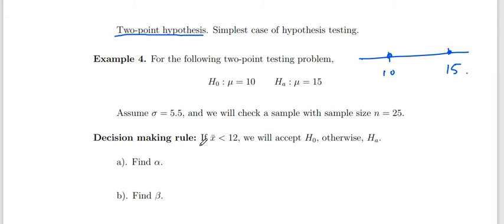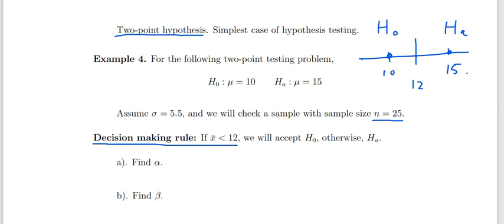We just take a sample of size 25. The decision making rule is like this: the cut point is 12. If x bar is less than 12, we say it is H0. If x bar is larger than 12, it is HA.